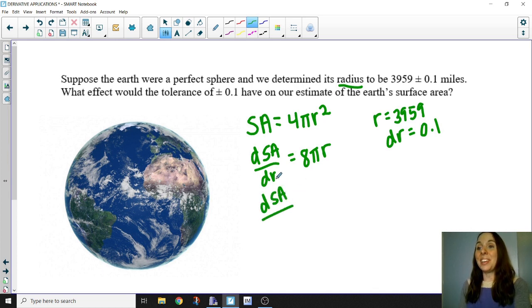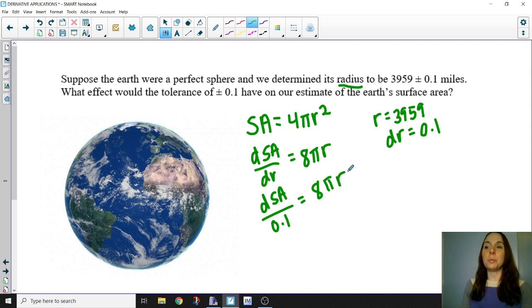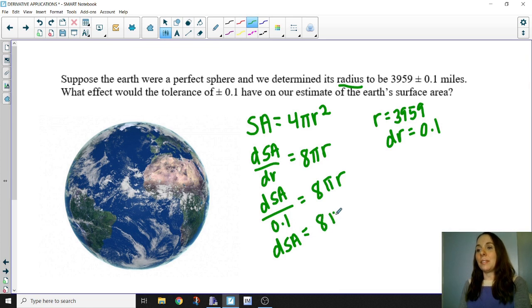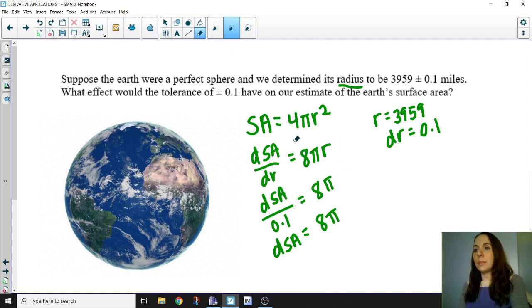So yes, right here, we change dr to 0.1, which I know is weird because this is not a real thing. This is notation. We're not doing a real thing here. We're doing an approximation, so we're going with it. We're going to multiply the 0.1 over to the other side. Sorry if that makes you cringe that I say that. And oops, I forgot to change my r up here to its value.